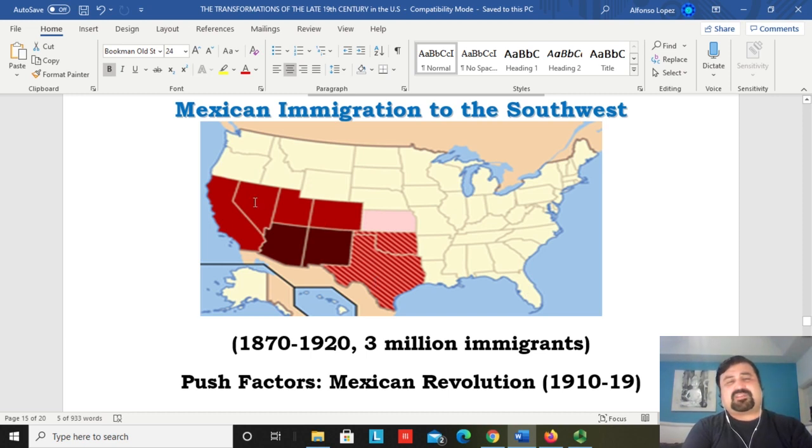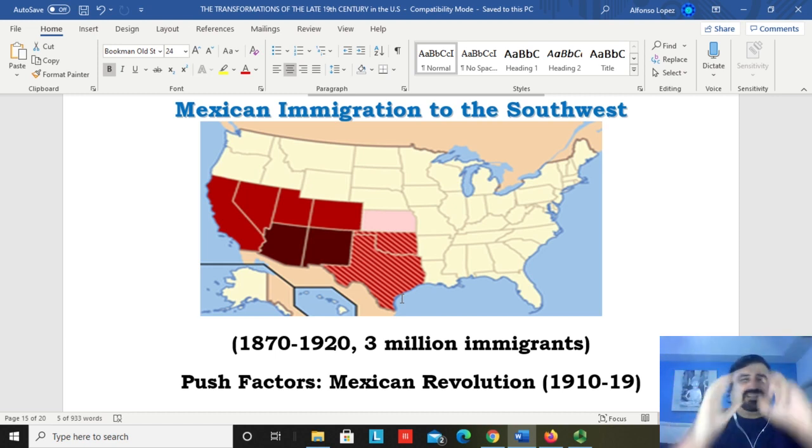So the American Southwest is this region you can see here. Some states are in plain red, others in brownish, and this striped reddish region. Altogether, this region constitutes a geographical area in the United States identified as the Southwest.